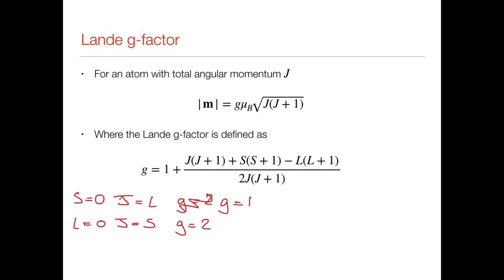So let's go on and look at some examples. Okay, let's look at the case of cerium 3+. We know that's got a xenon core, and it was 4f1. And we found earlier that L was equal to 3, S was equal to 1/2, and J was equal to 5/2.